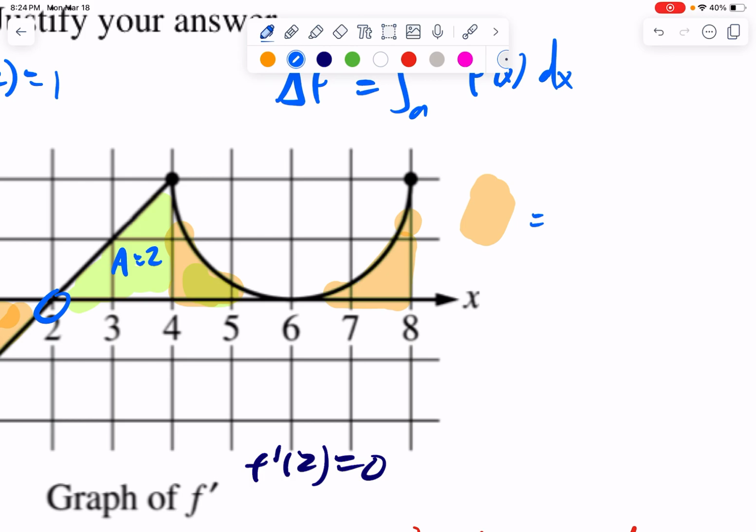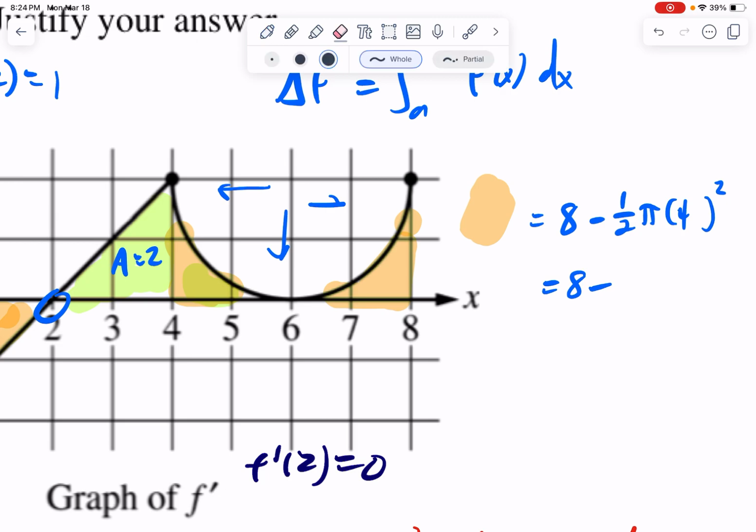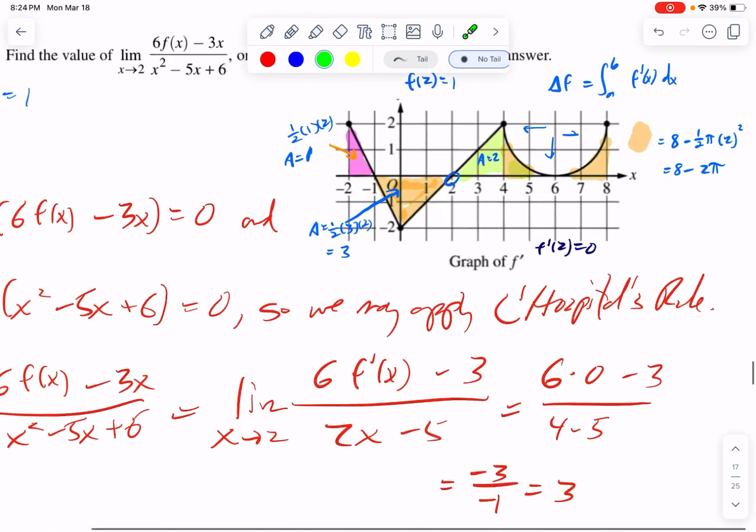That rectangle is 4 by 2, 4 units wide, 2 units tall, minus half of a circle, and that circle has a radius of 2. So the semicircle's area is half of pi times 2 squared, which is 2 pi. The area of the rectangle is 8. So the combined area here is 2 plus 8 minus 2 pi, which is 10 minus 2 pi.